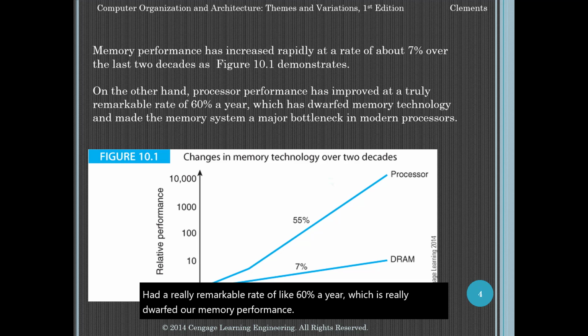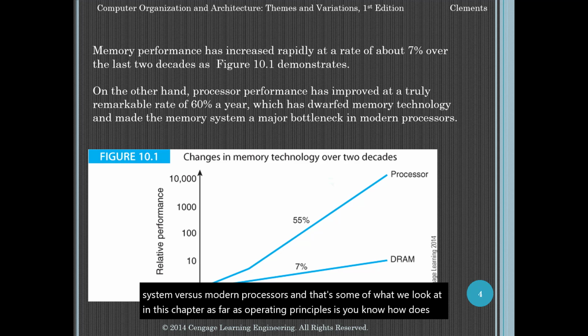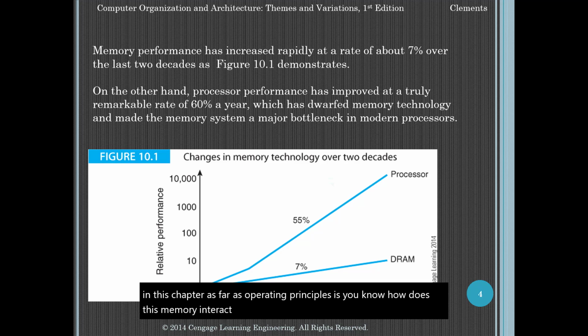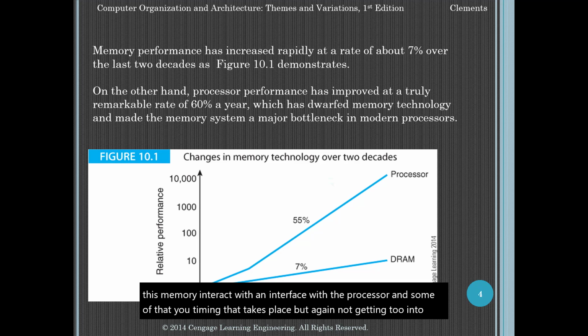So what we end up with is a major bottleneck in the memory system versus modern processors. That's some of what we'll look at in this chapter as far as operating principles: how does this memory interact and interface with the processor, and some of the timing that takes place. But again, not getting too into the weeds of the technical details.